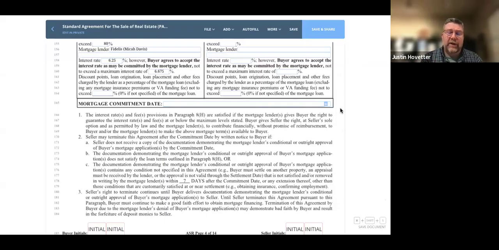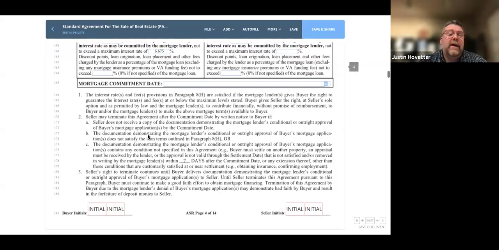You know, the lender needs to do this, title company needs to do this, buyer needs to do this. And that, as a listing agent, is what you should be looking at. You, as a buyer's agent, should review that mortgage commitment, and as a listing agent, you should review that mortgage commitment. What are we looking for? Well, we'll talk about that here in just a second.